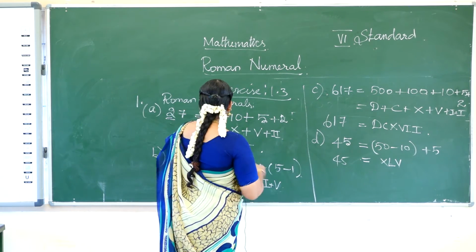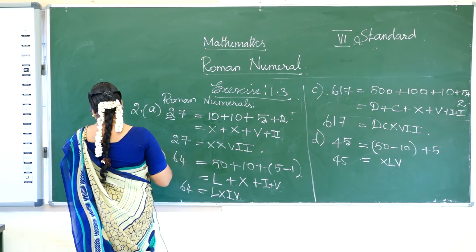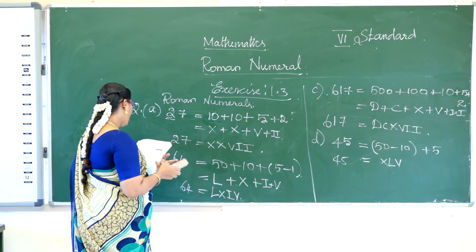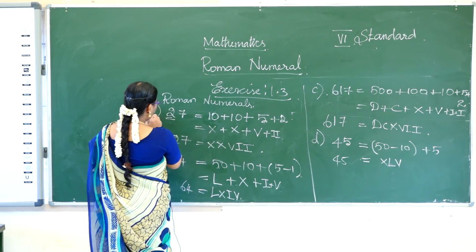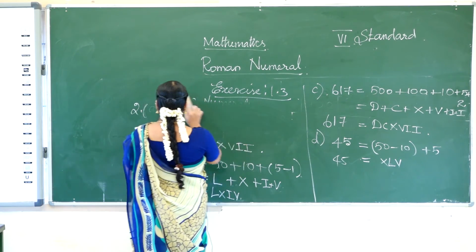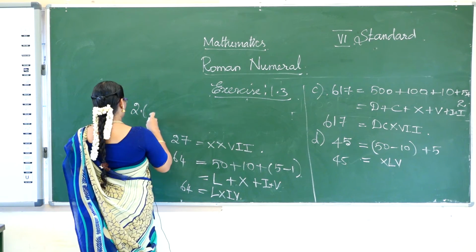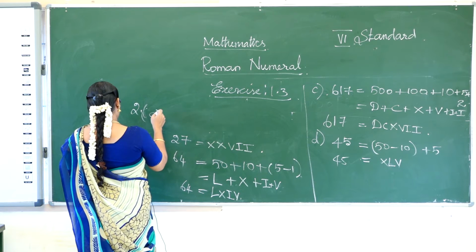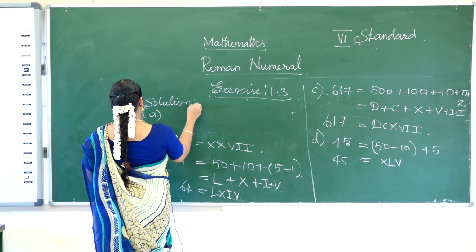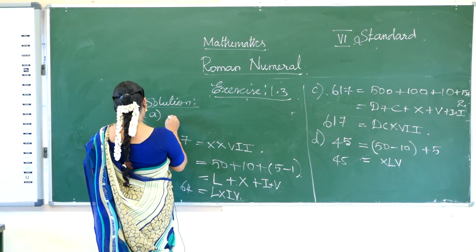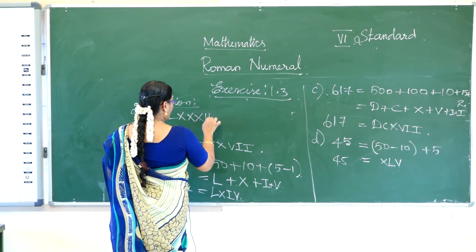And next, the second one: write the following Roman numerals as Hindu-Arabic numerals. Roman numerals are given; write them in Hindu-Arabic. So the first one, L X X X, where 3 times repetition is allowed.